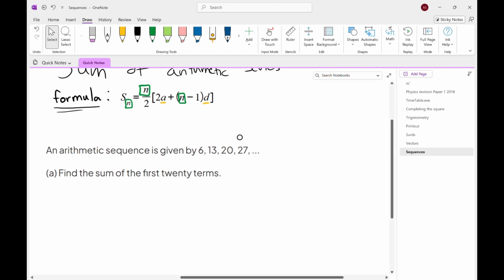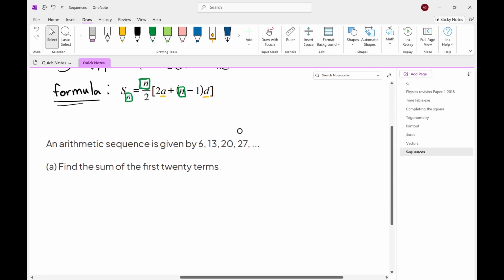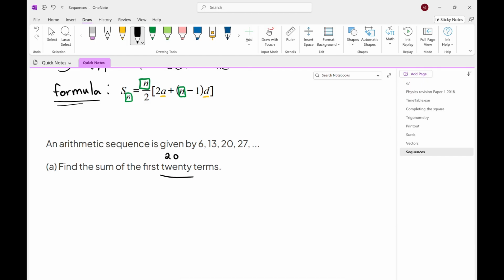So if we do this one from the start, it wants us to find the first 20 terms. So we're going to do 20 over 2 times 2a, so a is 6, so 12, plus 20 minus 1, so 19 times d. What is d? d is the difference there, 7.